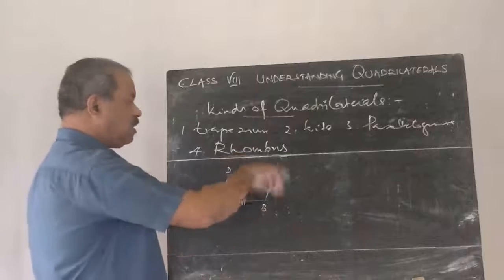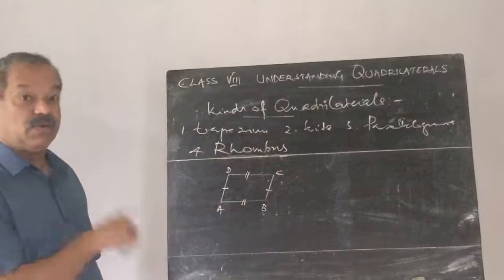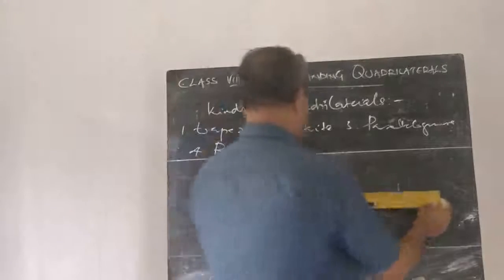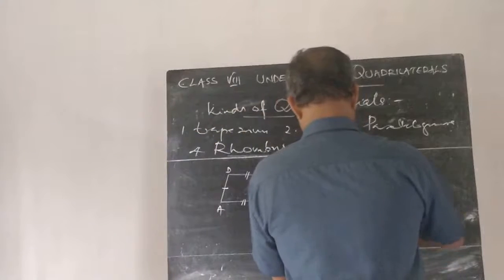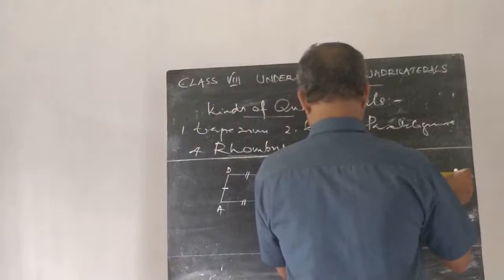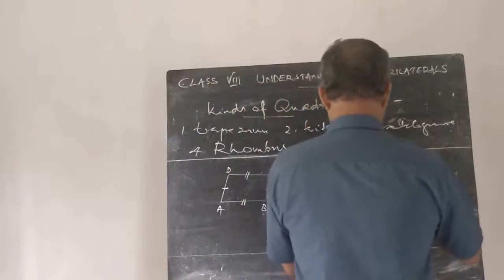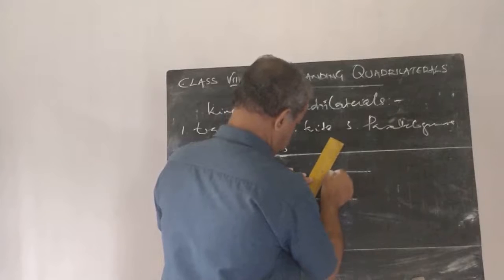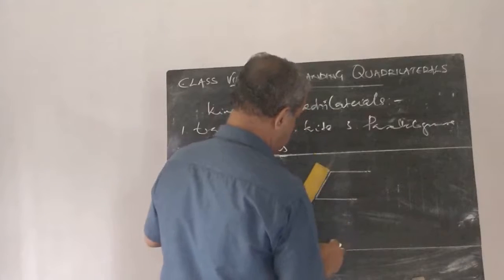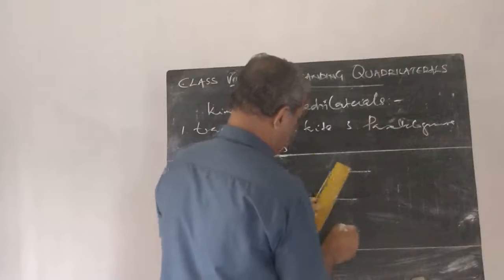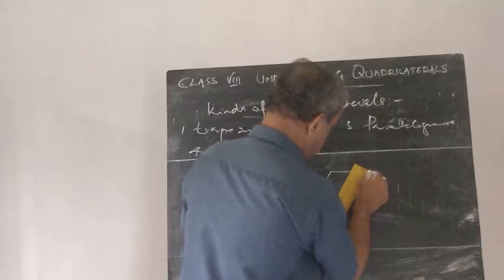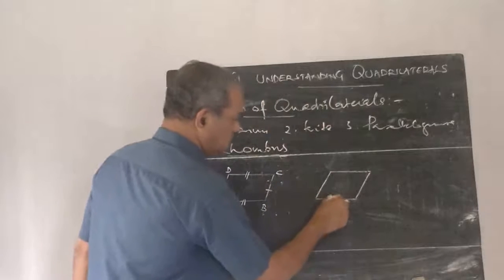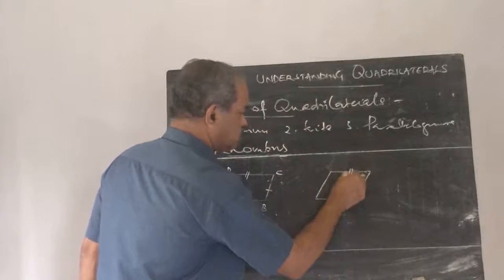If all the four sides are equal in a parallelogram, see, this is equal to this.